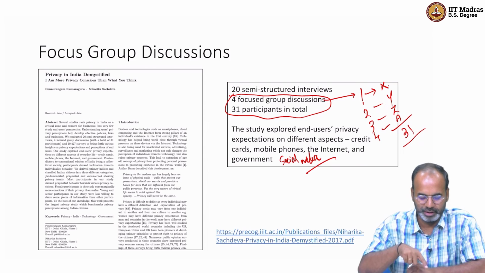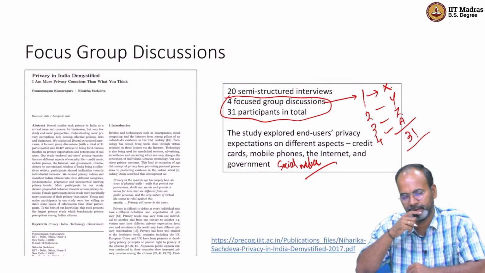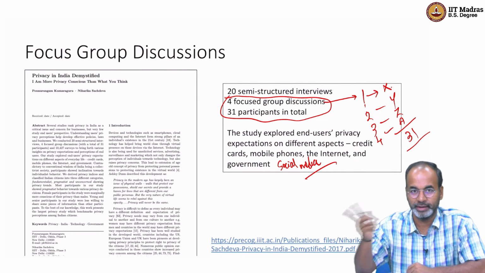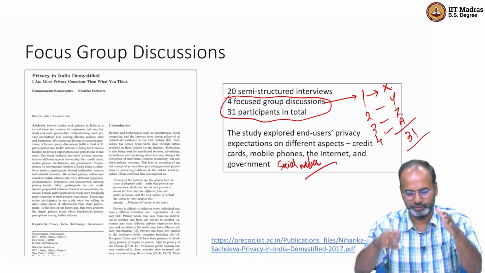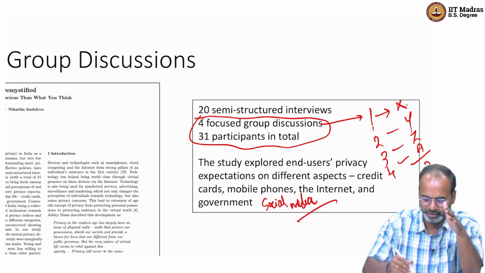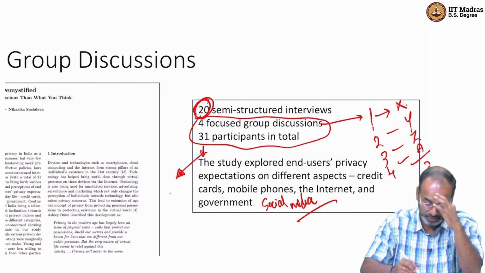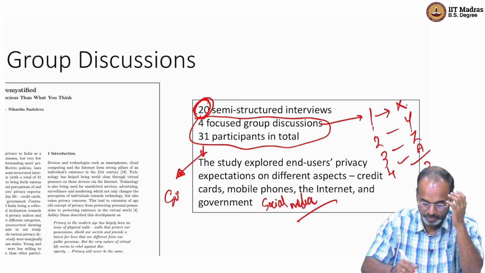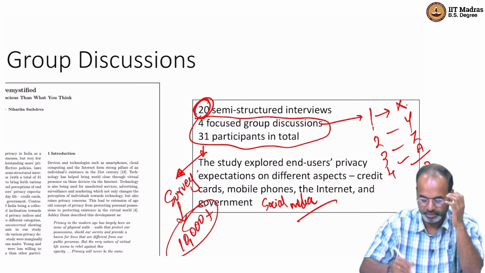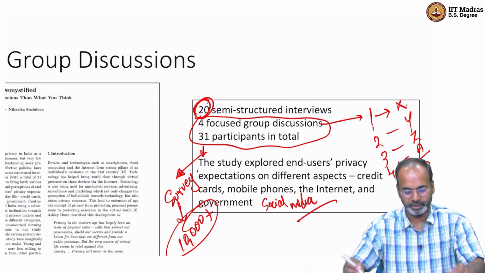The same study was also followed up by an interview study, where 20 semi-structured interviews were done, and it also had a survey after this, with 10,000 plus participants filling the study.